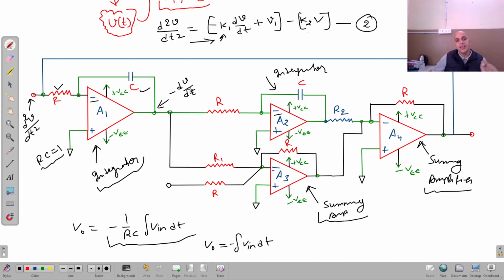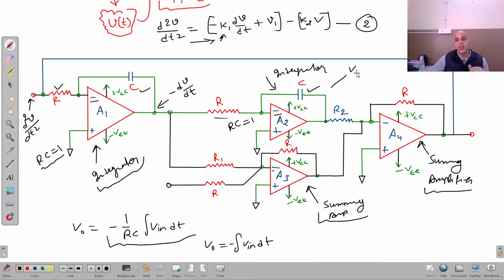So I got minus dv upon dt at the output of this integrator. Now this minus dv upon dt is applied to this second integrator, again through this resistance and this capacitor, right? So again the output of this integrator will be what? Again RC are chosen in such a way that RC is equal to 1.